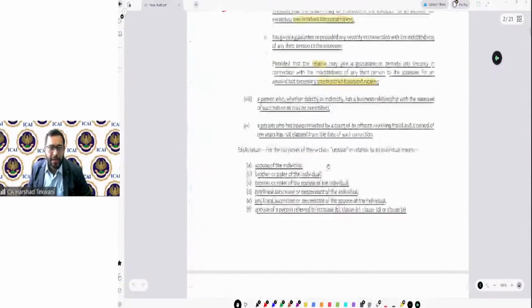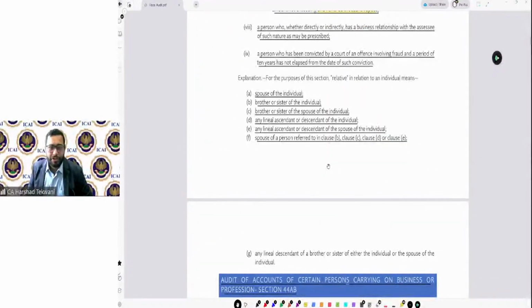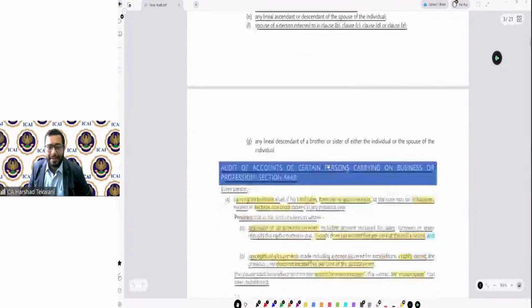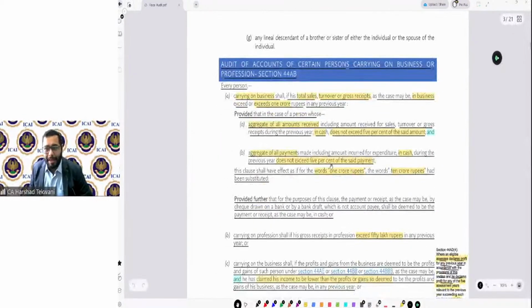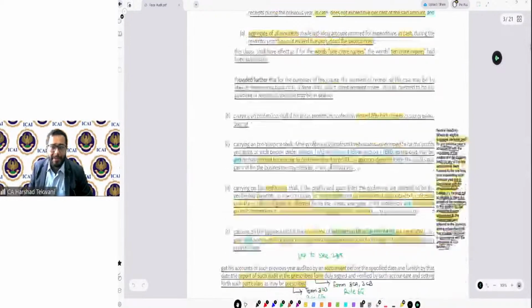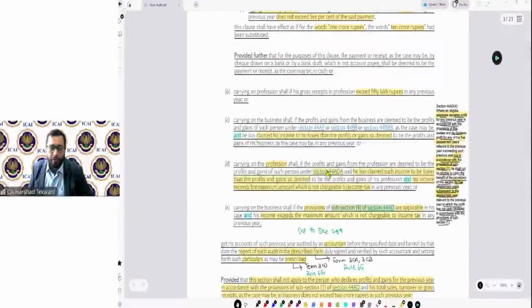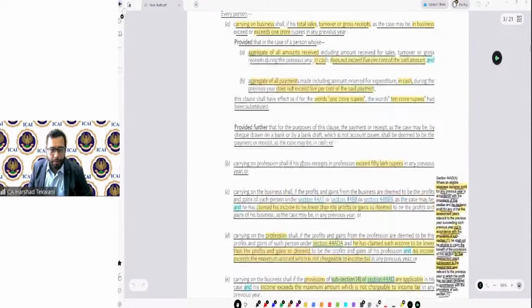Then we discussed the definition of relatives. Then we discussed section 44AB. In that we discussed key provisions of 44AD, 44ADA, and other tax audit provisions.